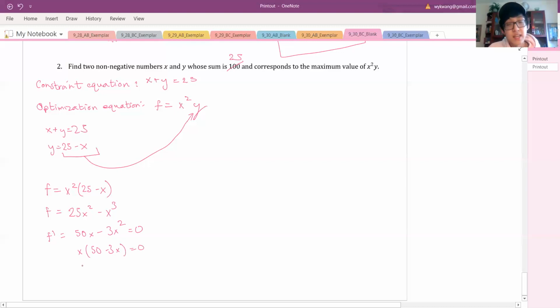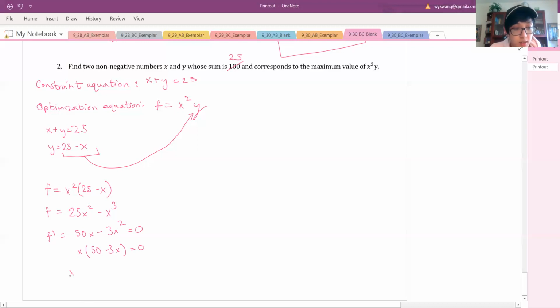Oh, okay, this one's kind of interesting because it looks like we're going to have 2 points to test, whereas in most of the maximum and minimum problems, we've only had 1 point. This time we actually have to test it because we don't know which one's the maximum and the minimum.